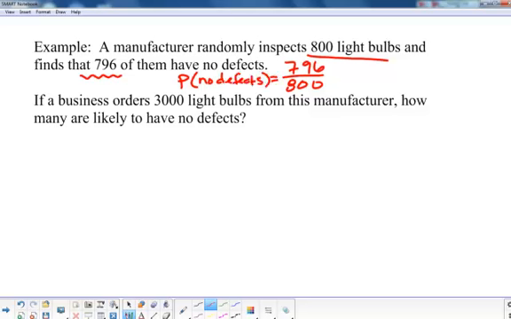Now you can leave that probability in a fraction. That seems kind of like a lot to reduce. So if you put that in your calculator, you'll get 0.995, which is 99.5% that do not have defects.